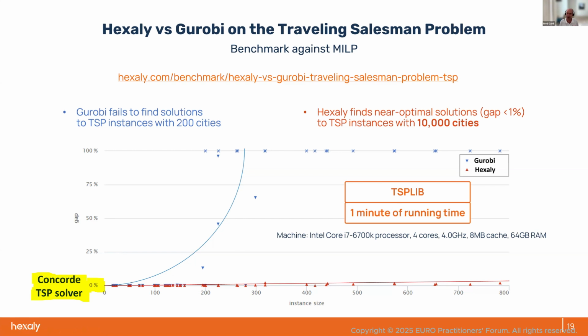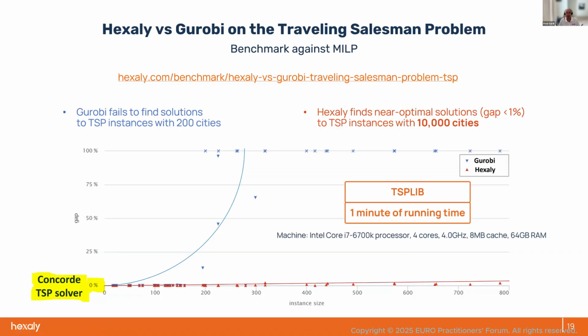We have the state-of-the-art running on a laptop, just 4 cores is enough. You can scale to 10,000 cities and get a very good solution in just 1 minute of running time. Here is the benchmarking on 1 minute of running time.